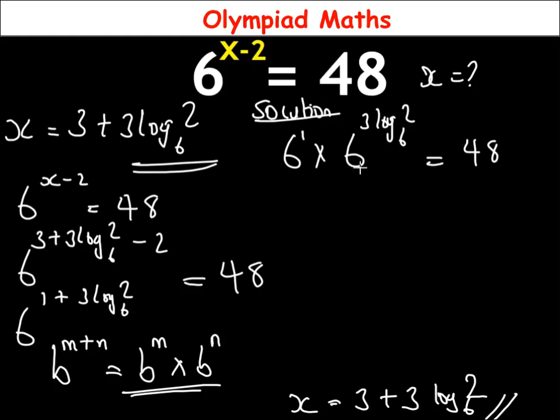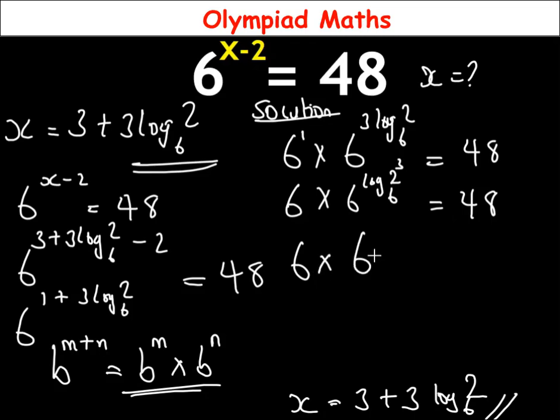Okay, now at this junction, we have 6 to the power of 1 is 6, then times 6 to the power of something. Now applying the reverse power rule of logarithm, this 3 right here becomes a power of 2. So you have logarithm of 2 to the power of 3, base 6. So you have 6 times 6 to the power of logarithm of 2 to the power of 3, which is 8, base 6, is equal to 48.